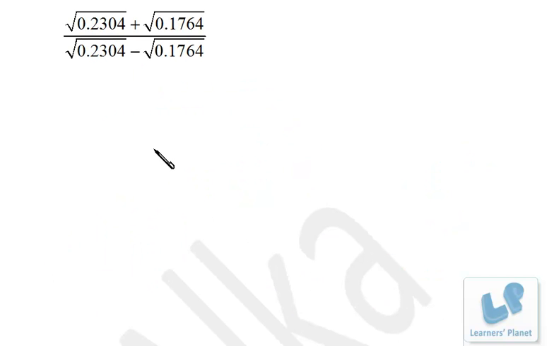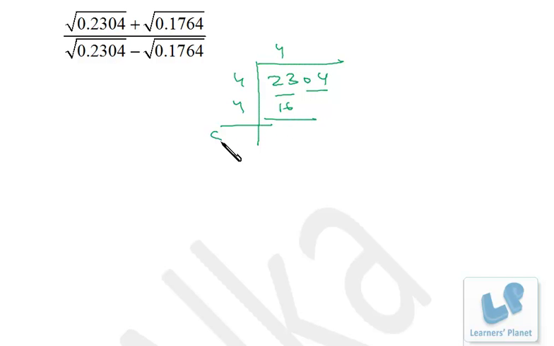Now friends, in this sort of problems, say here it's 0.2304 and 0.1764. So what we should do, we first of all find out the square root without decimal, right? So 2304, we find out the square root. So it's 4, 4 4s are 16, 4 and 4, 8. It's 704. So 84 into 4, not 84, 82 into 2, not true.